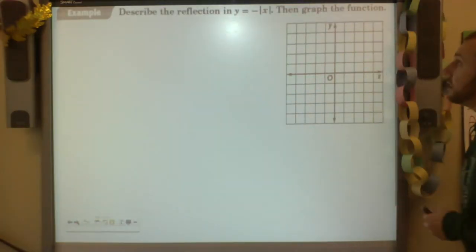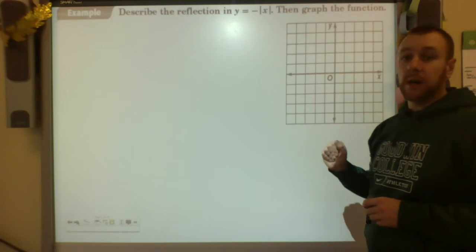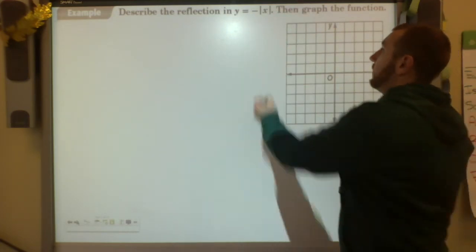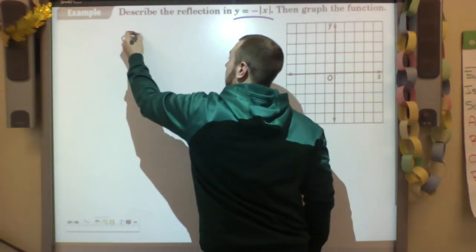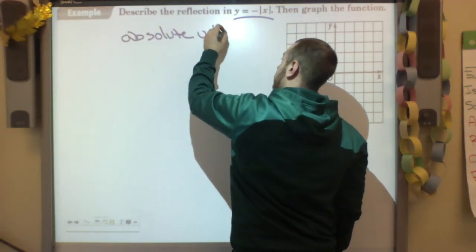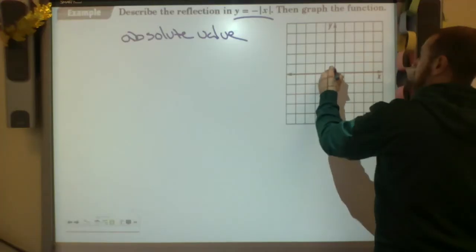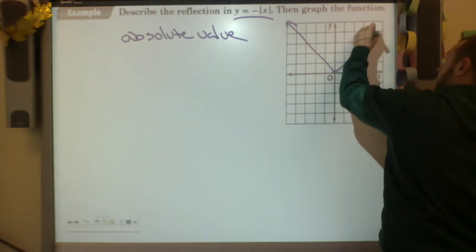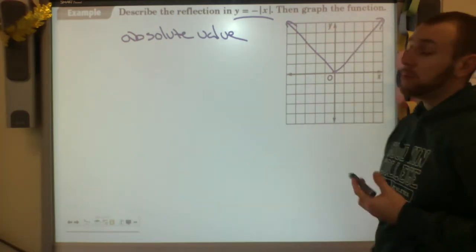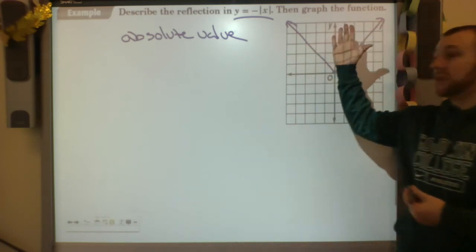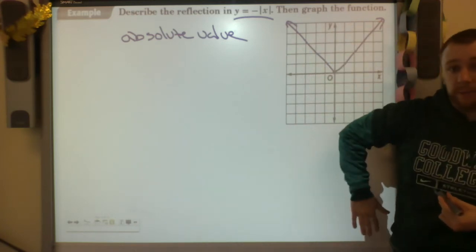So to give you a little bit of help with this, now I have to graph this. So if I look at this, this is absolute value. So normally it's going to look like its parent, like this. But now I have this negative in front of it. The negative is just going to take this and flip it.